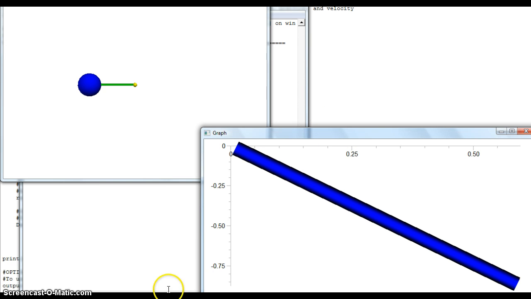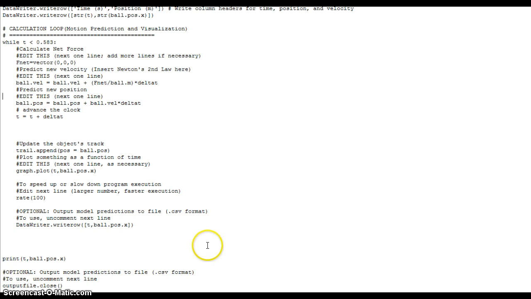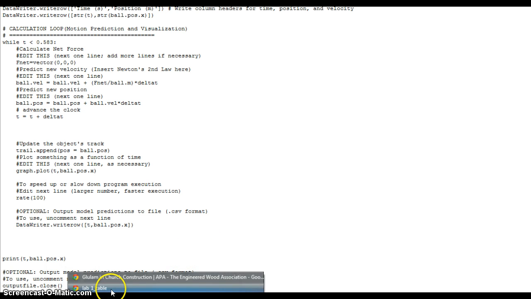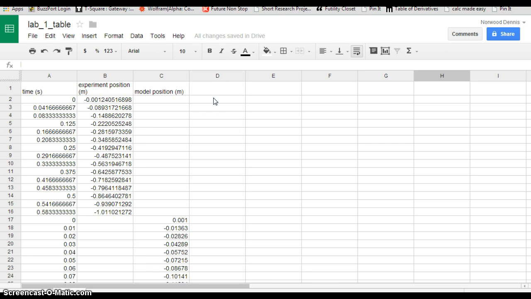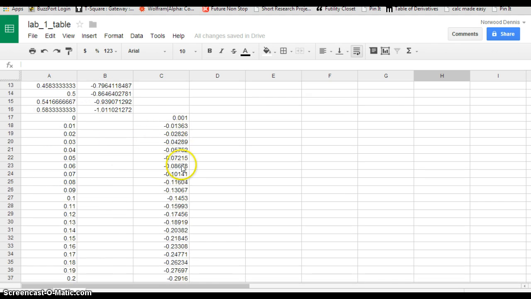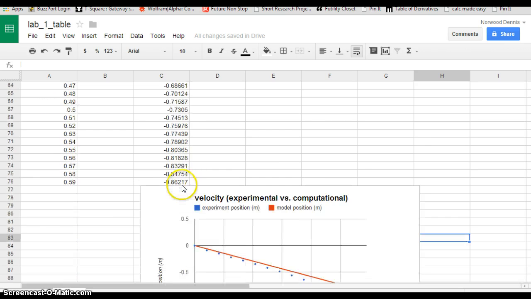And taking the values generated by the computer model and putting them into a Google spreadsheet, we can see the experimental data as well as the computer data entered below.